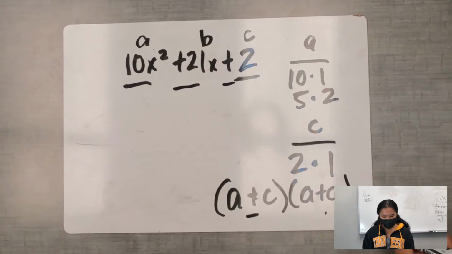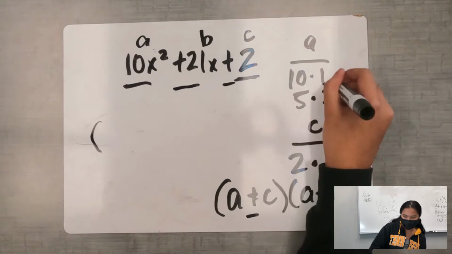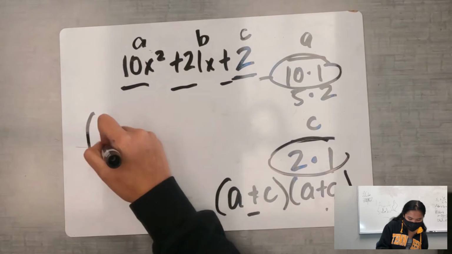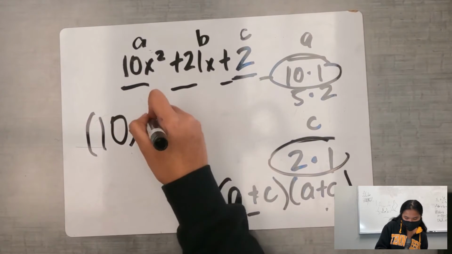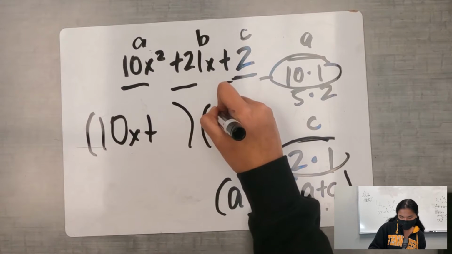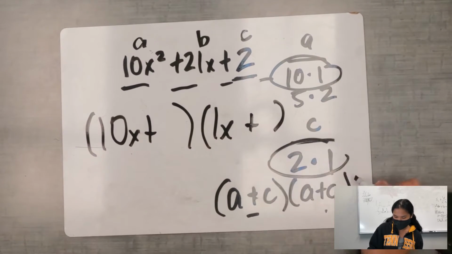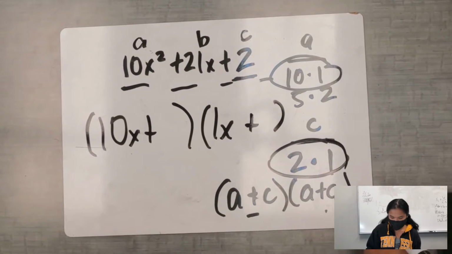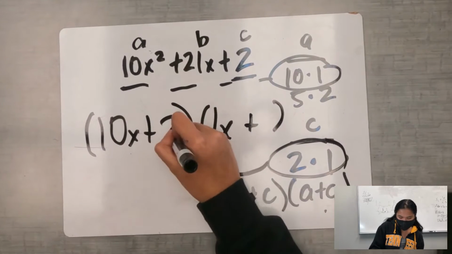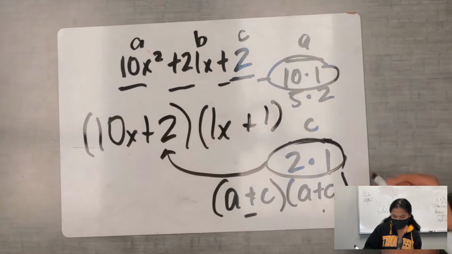And so it should look like, we could try this first one. It would be 10x plus 1x, and then our c numbers are 2 and 1.